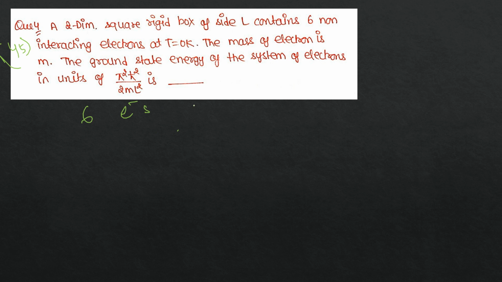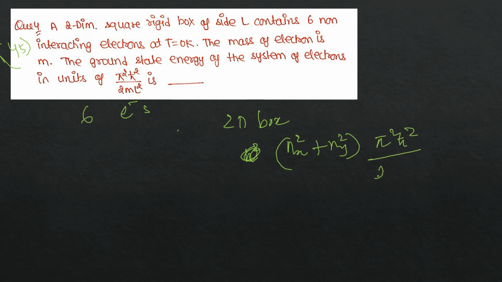The ground state energy of the system of electrons is asked. So two-dimensional square rigid box, 2D box. What is the energy of a 2D box? nx square plus ny square, because the length is the same, L square: nx square plus ny square, pi square h cut square by 2mL square.